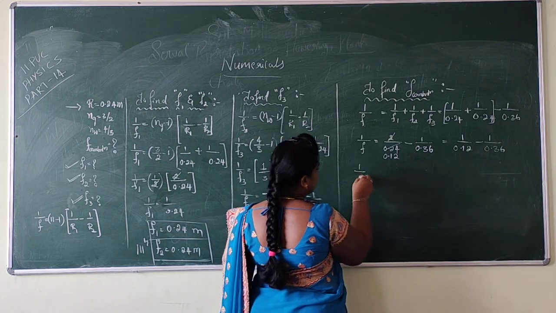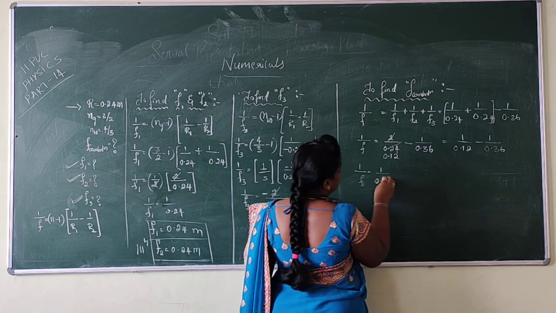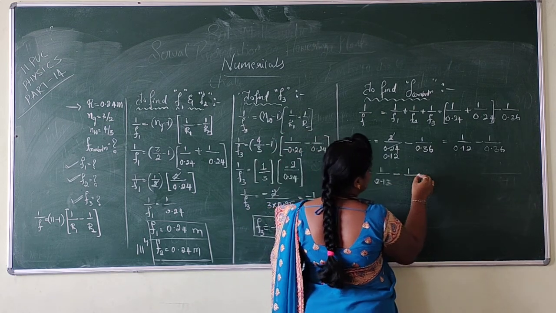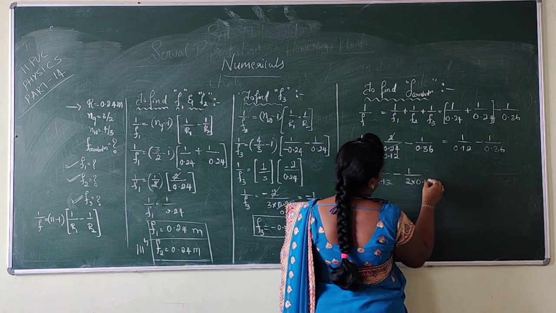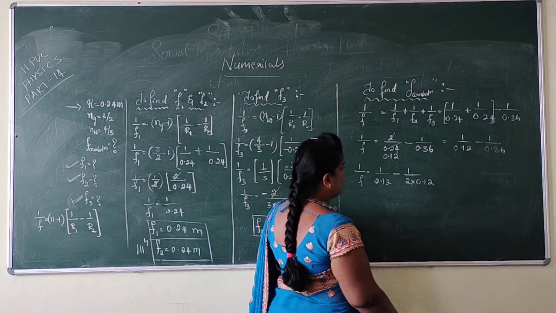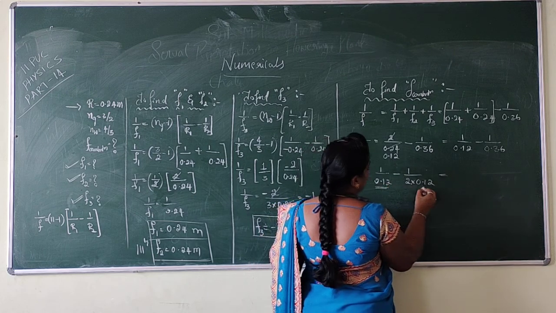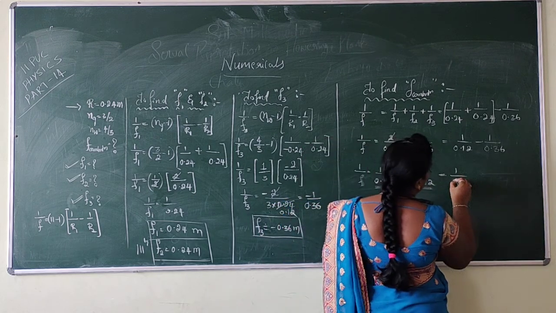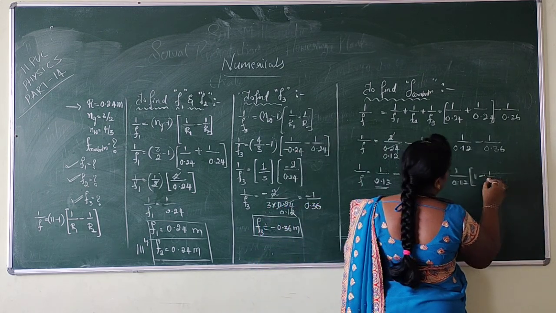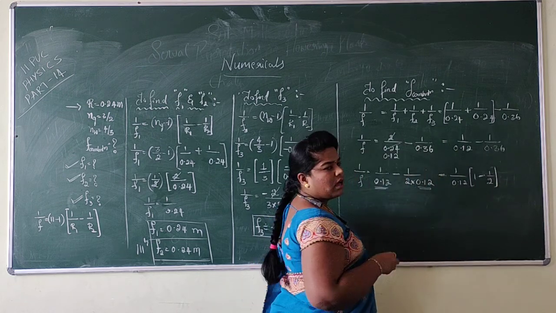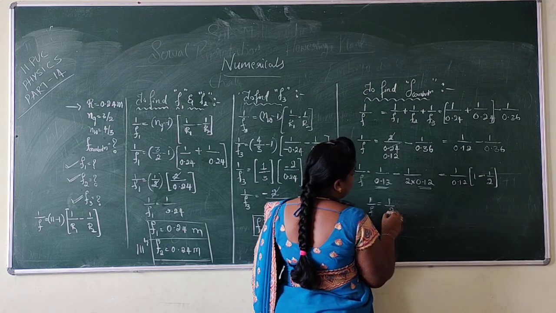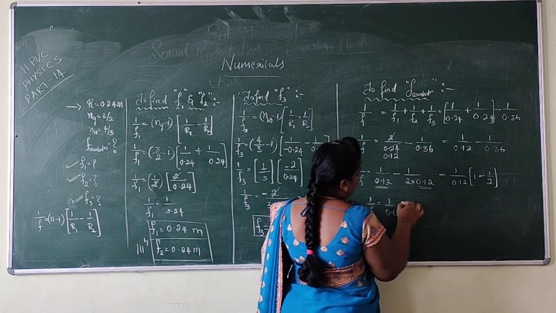To take common, so how I will do it, observe. First term 0.12, same way I write. But 0.36, how I am writing here, 2 into 0.12, right. See now we are left with 0.12. See now here 0.12 is common, so 1 by 0.12 into 1 minus off. 1 minus off. Dear students, 1 minus off is off. So that is equal to 1 by f is equal to 1 minus off is off.